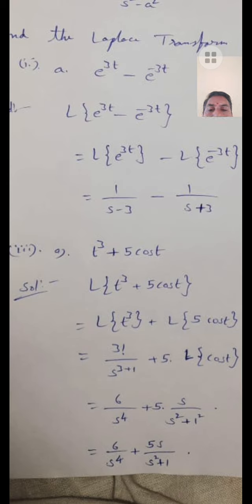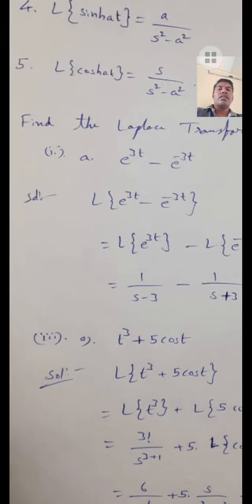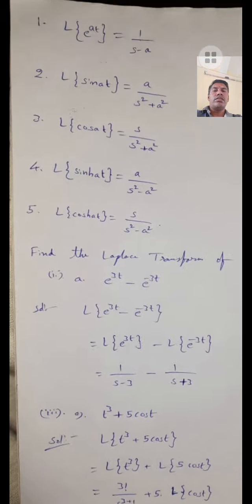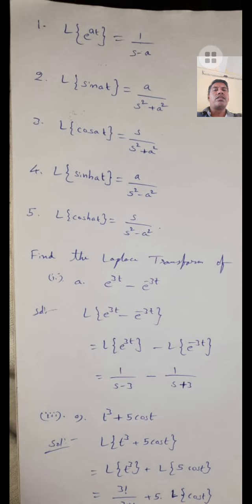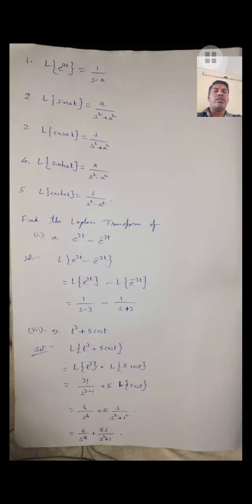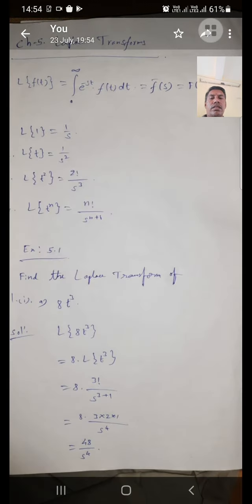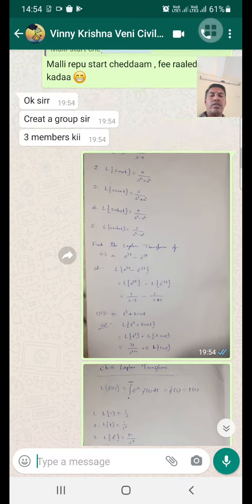So this is the solution, or answer, the Laplace transformation of the given function. These are simple questions. If you know a few formulas, you can easily write the answers. Let us see the next question.